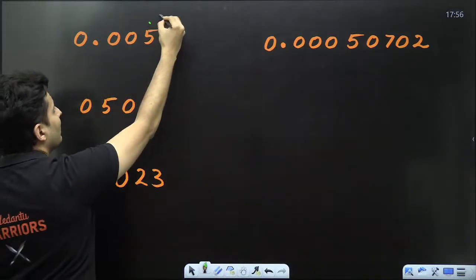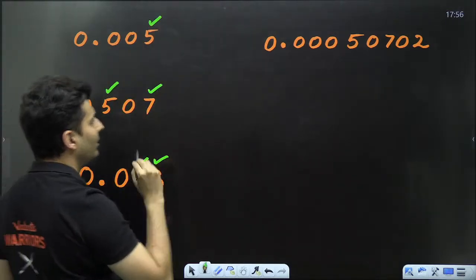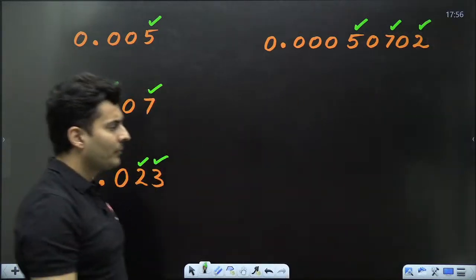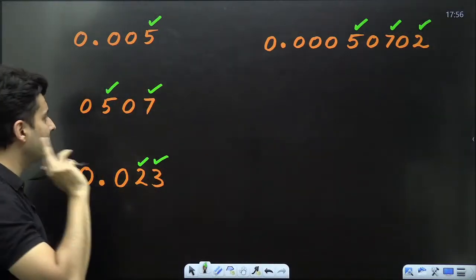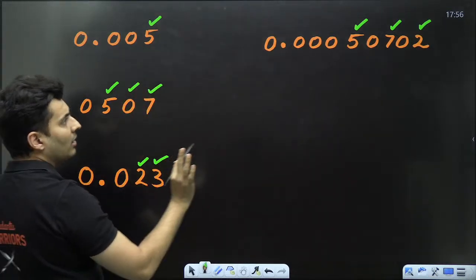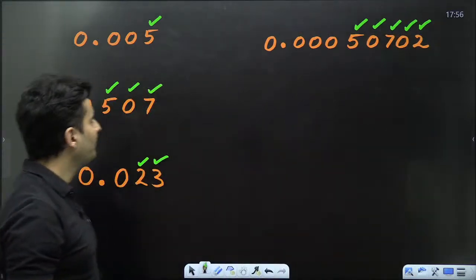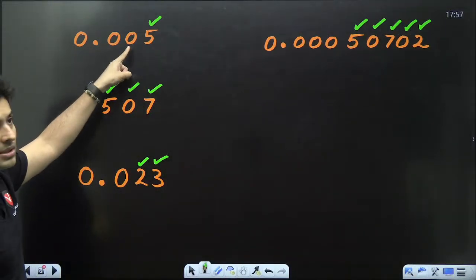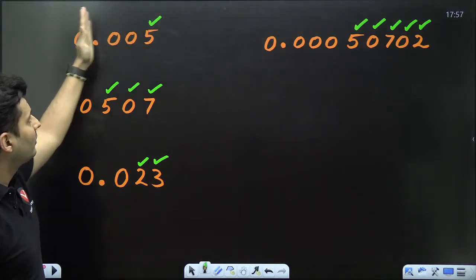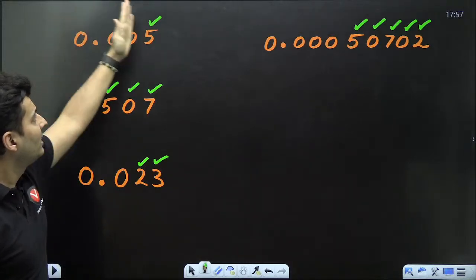All the non-zero numbers are going to be, first of all, significant. So I'm just putting a check mark on them. If a 0 is between two non-zeros, that is also significant. This is between two non-zeros. Here also, this is between two non-zeros. If you look at these zeros, they are to the right of the decimal point and to the left of the non-zero digit.